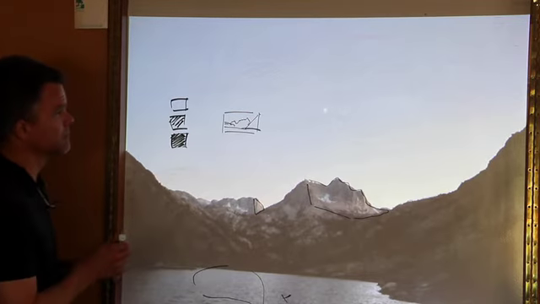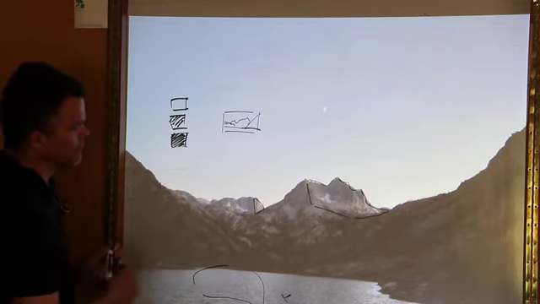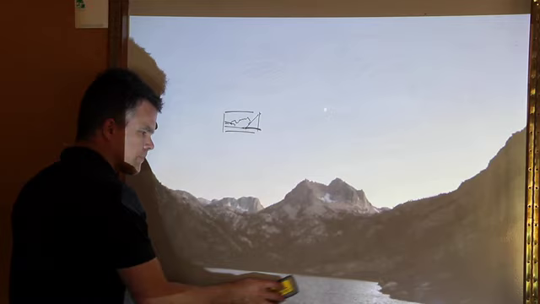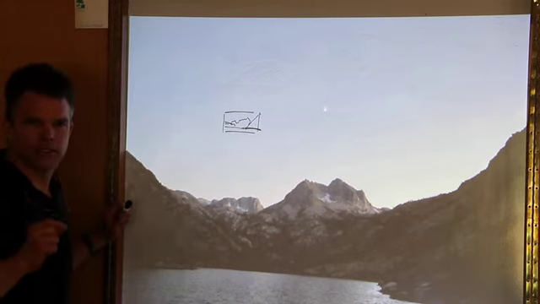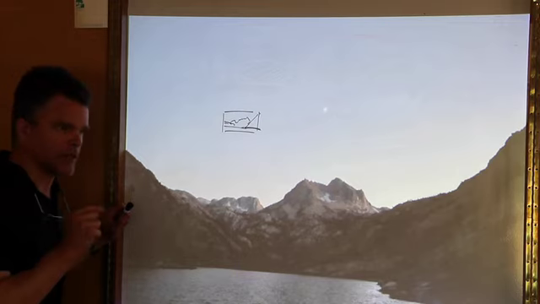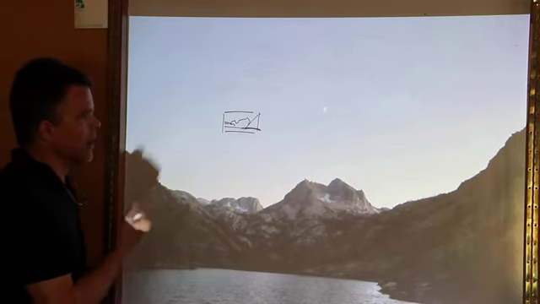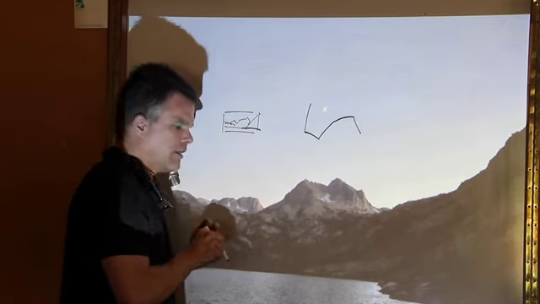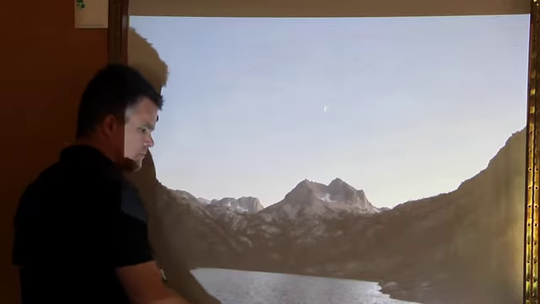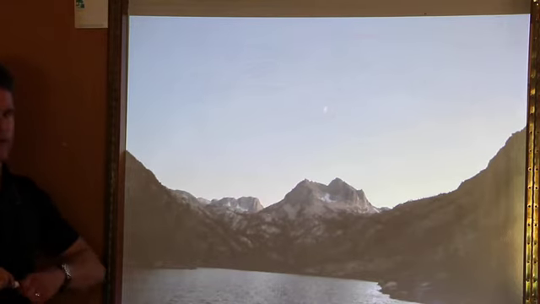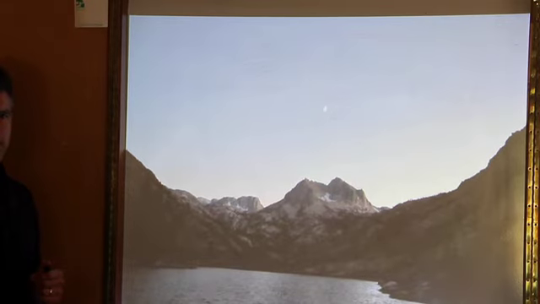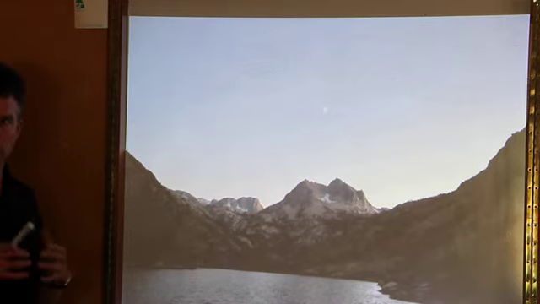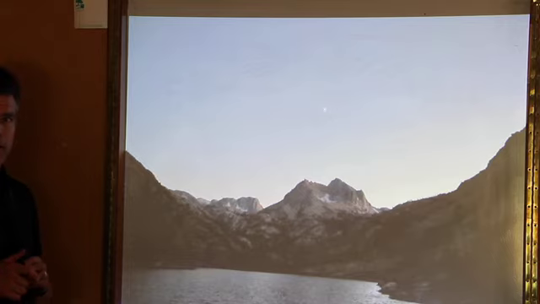That dark, that white. Different people will make those boundaries in different places, but you want to be intentional about why you're making that boundary there. I also recommend not pushing hard when you're making the lines that are going to be the boundaries between the lights and the darks. When you shade those in, you don't want those lines to really pop out as an element of the picture.